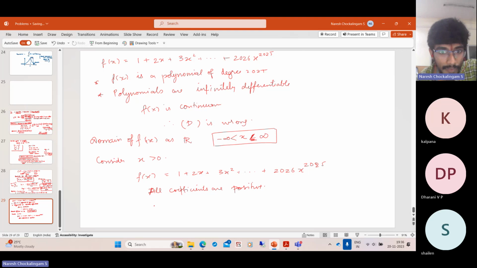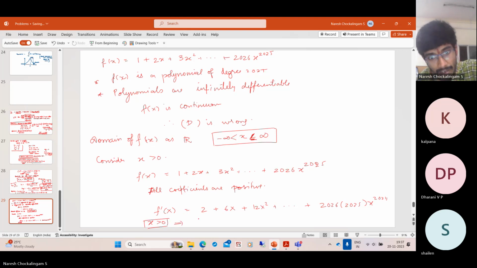And what about its slope? So f dash of x is 2 plus 6x plus 12x squared, up to 2026 multiplied by 2025 x to the power 2024. The slope of f of x is just f dash of x. Whenever x is greater than 0, f dash of x is greater than 0.